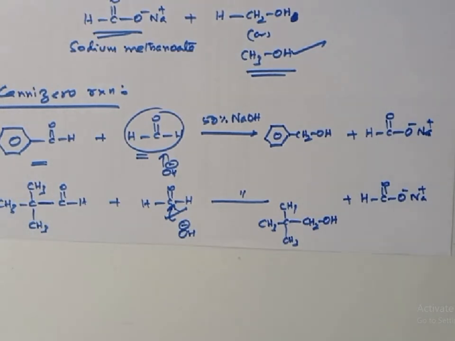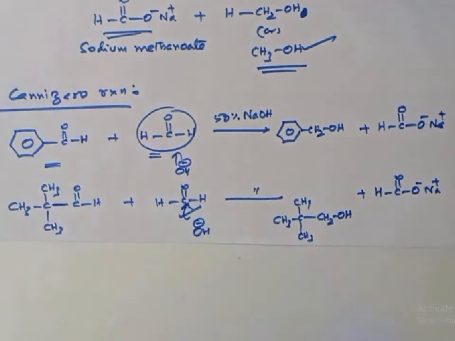Is this clear, student? Whatever may be the compound, you can easily identify it. Take down. This is what we call cross Cannizaro reaction. Aldol and cross Cannizaro reactions are very important for competitive examinations.